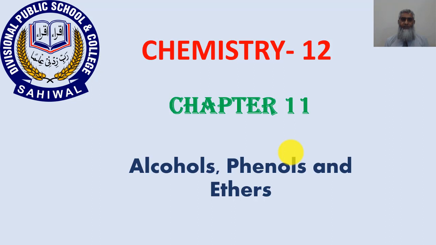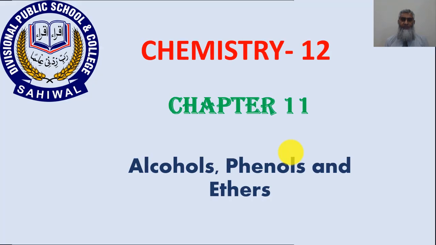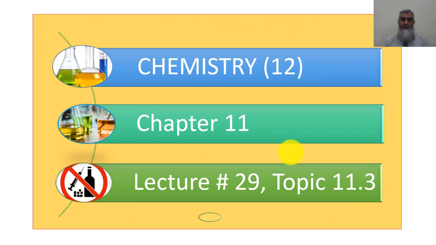Dear students, you are studying chapter number 11, Alcohols, Phenols and Ethers. Today's third lecture of chapter number 11. This is lecture number 29 and our today's topic is 11.3.